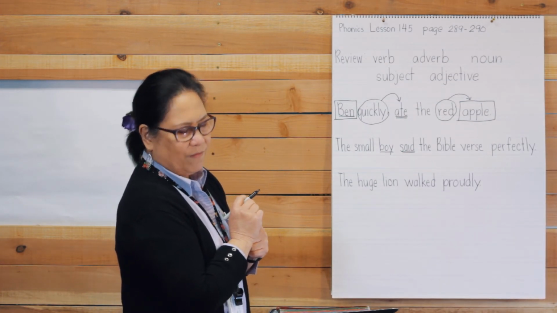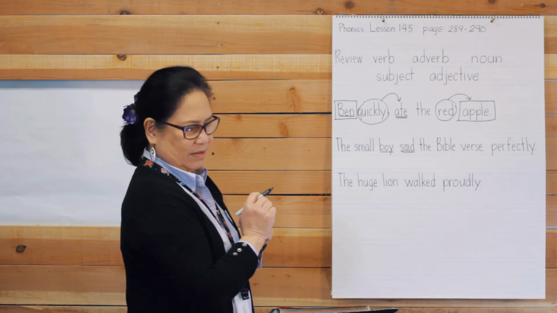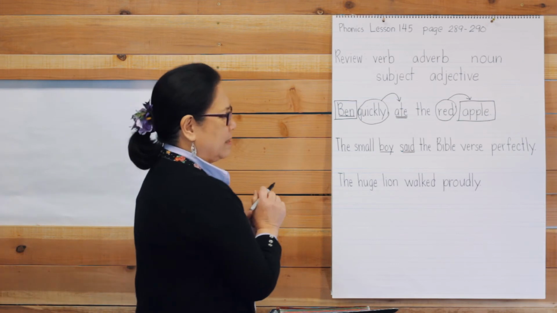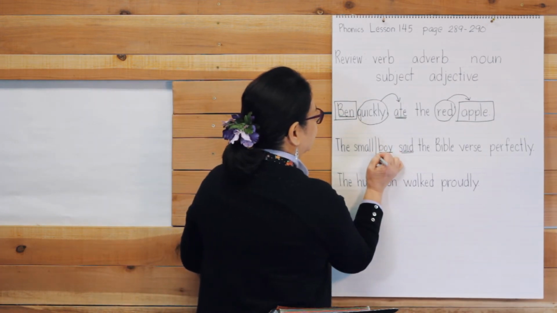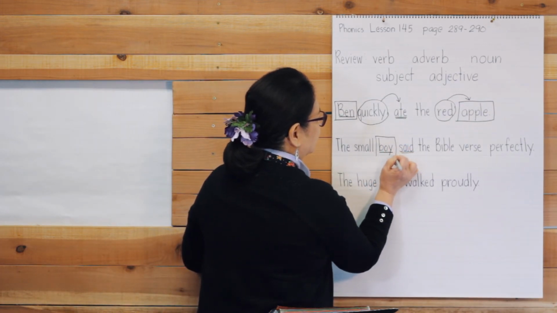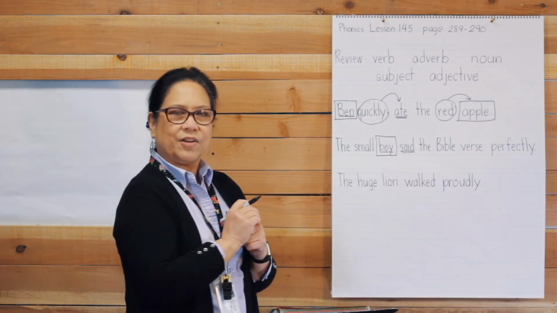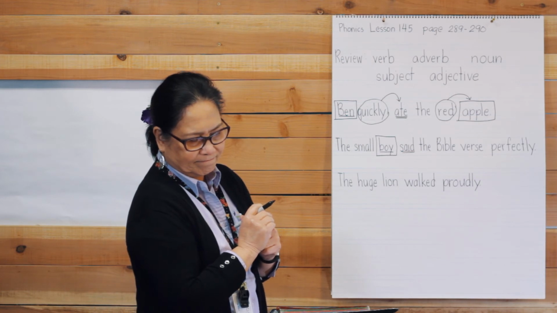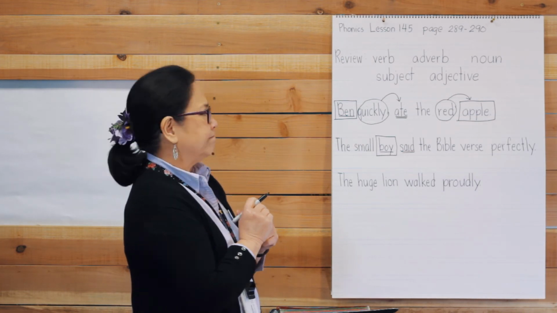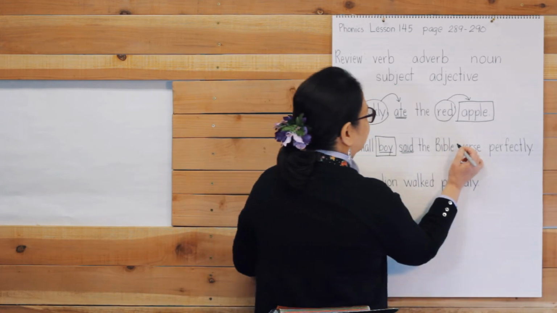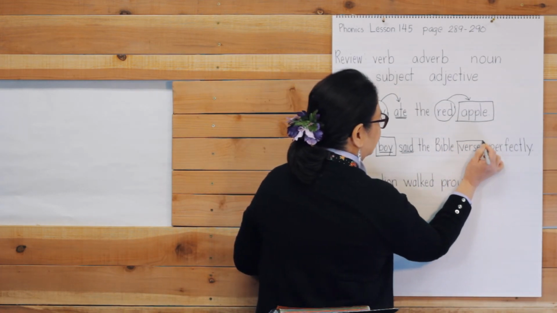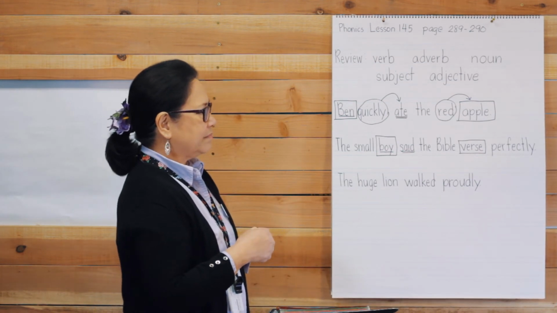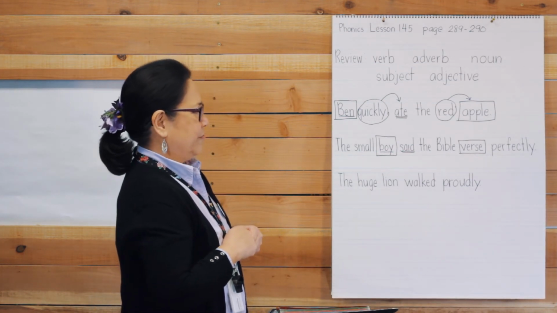Then number 3, find the nouns, and we have to box them. Okay, the nouns in this case is, of course, the boy. Can you find another one? I think it's the verse. Okay. Now we're going to find adjectives for the nouns.